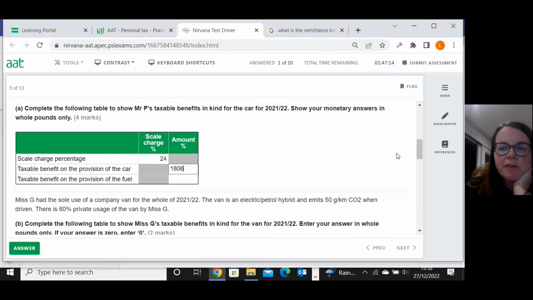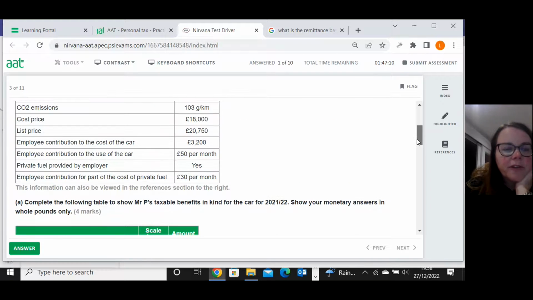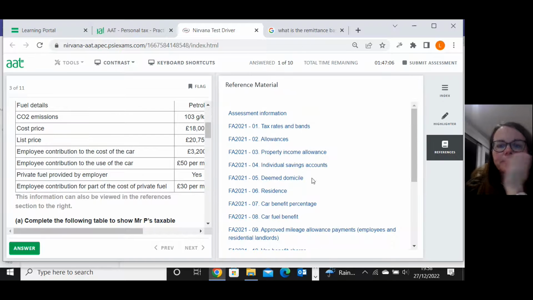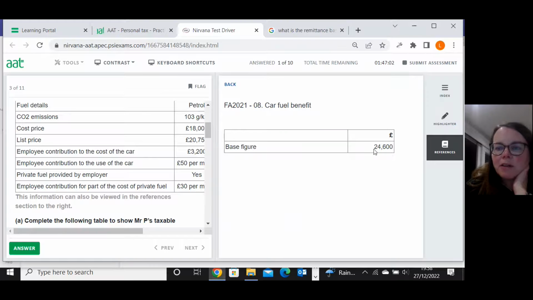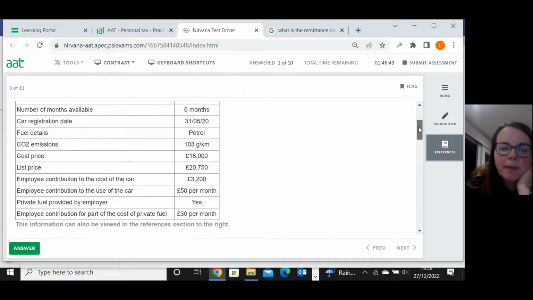Taxable benefit on the provision of the fuel. For fuel, we just have the reference number. So car fuel benefit. Quite easy to use this reference material, I think. We've got the same percentage, 24% of 24,600, and then halve it because we only had it for 6 months of the year.